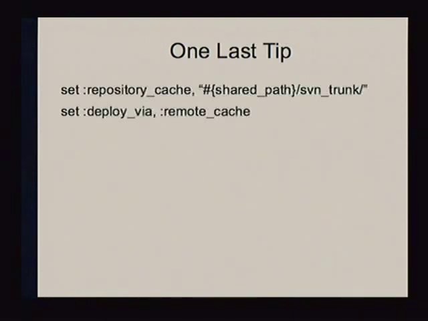What that does is it checks out your code into a subdirectory, and instead of doing a Subversion checkout every time from your trunk, it makes a copy of the existing Subversion, does an up, so it only changes what's changed since the last time you deployed, and then deploys to that.